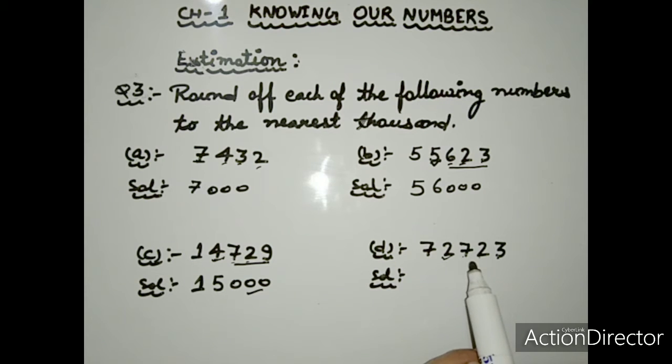So we increase the digit on the required place by 1. So here we write 7 as it is, and 2 plus 1 is 3, and these 3 digits are replaced by zeros. So the number 72,723 is nearest to 73,000.